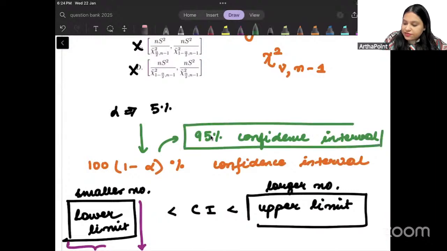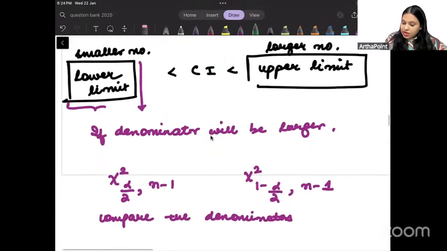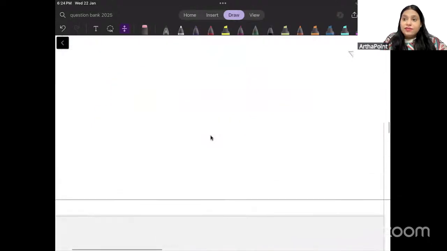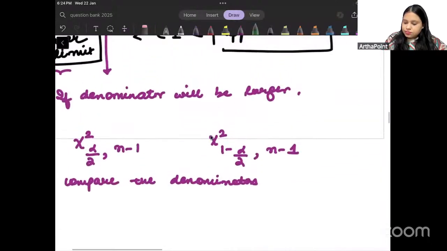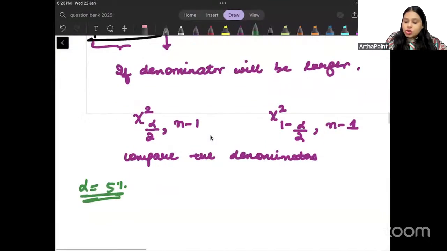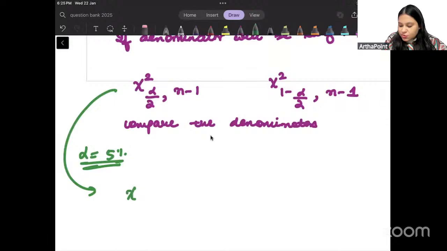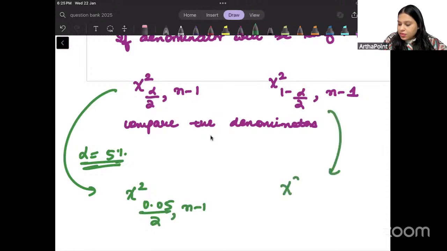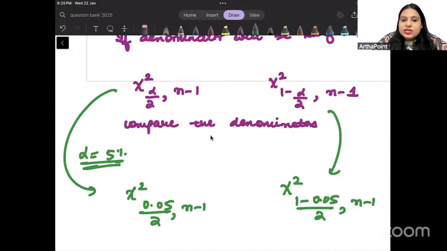If I take alpha to be 5%, this will be my chi-square value corresponding to 5%, and this will be my chi-square value corresponding to this. Isn't it?